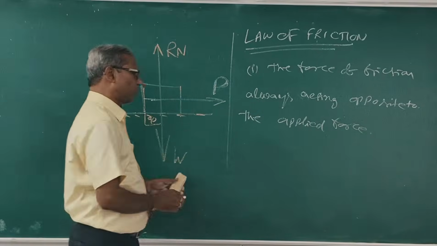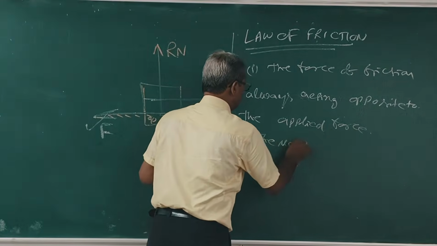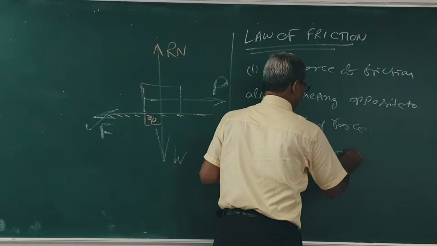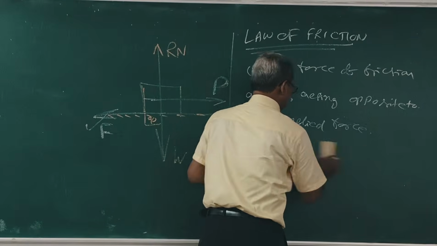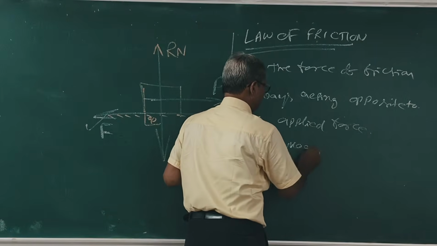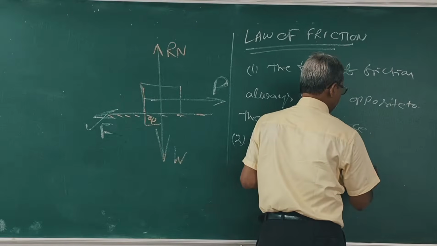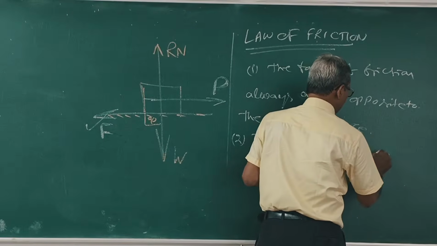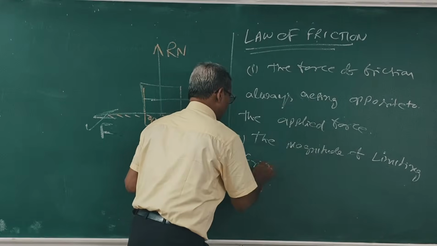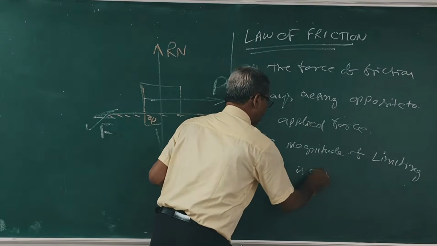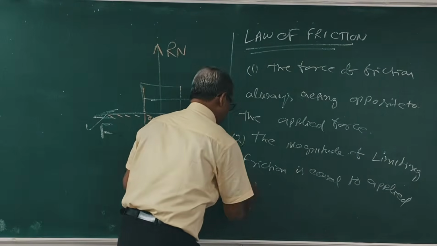Number two, the maximum value of the magnitude of limiting friction is equal to the applied force.